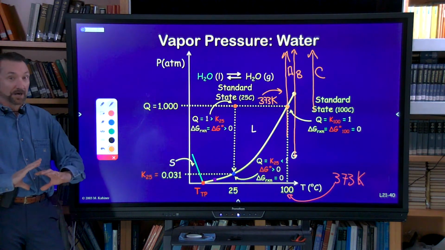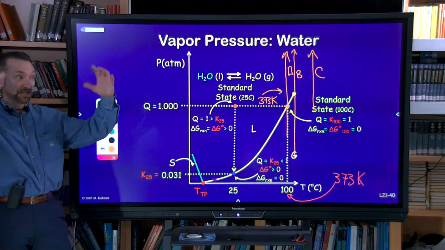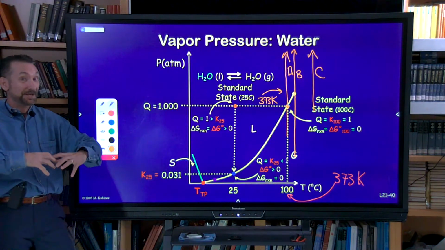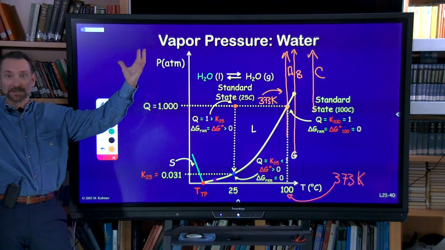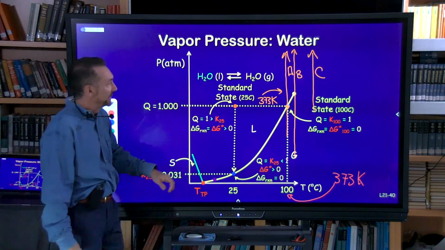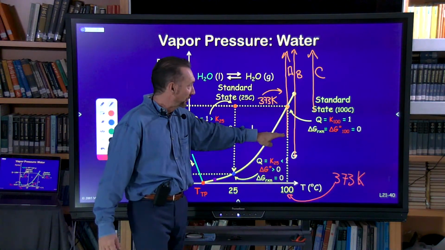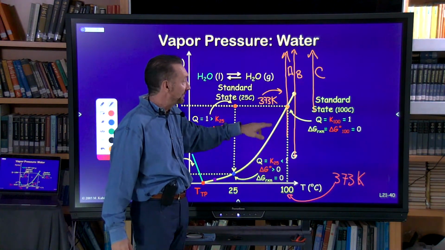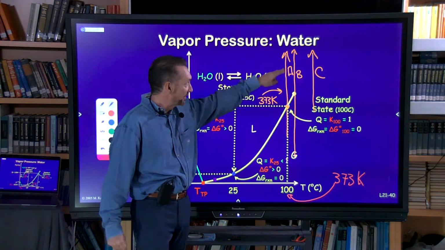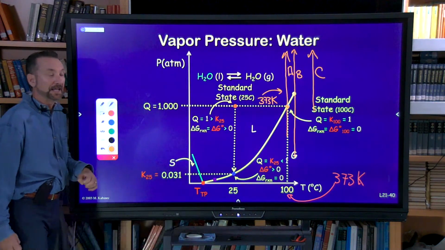That's the point where it has enough kinetic energy, enough free energy, is really what it is, to push the atmosphere back and to boil, to become a gas. So that is 1 atmosphere. So I could have asked you not only which one is 373, but what is the pressure at that point? So it's all 373. It's an isotherm, but different pressures on that isotherm.